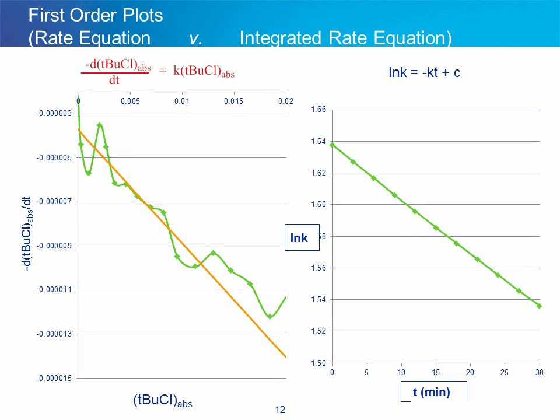The first way, on the left, is working directly from the rate equation and plotting the parameters presented by the rate equation.